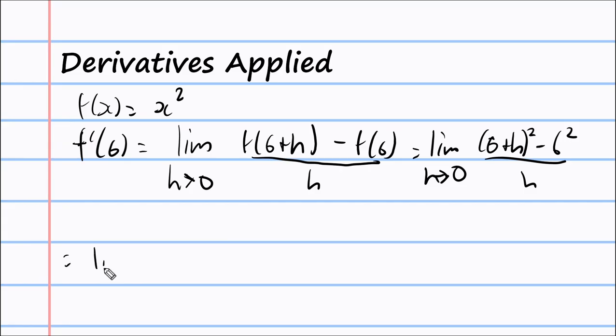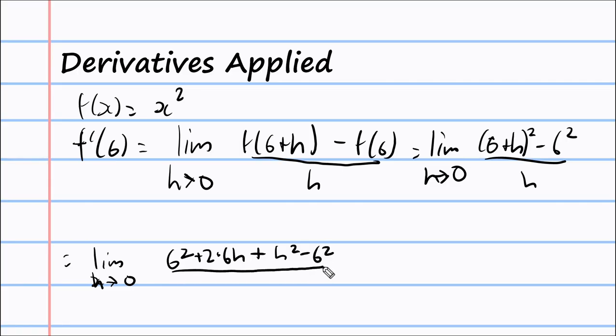Now, when we simplify that, we get the limit as h approaches 0 of 6 squared plus 2 times 6h plus h squared minus 6 squared divided by h, okay? Because that's what happens when you expand 6 plus h squared. We cancel these two out, so then we get 2 times 6, which is 12.